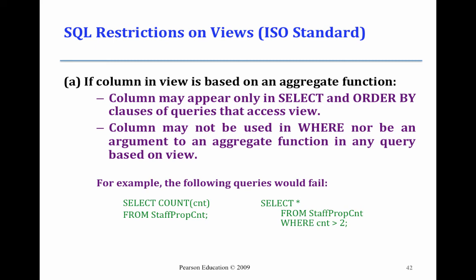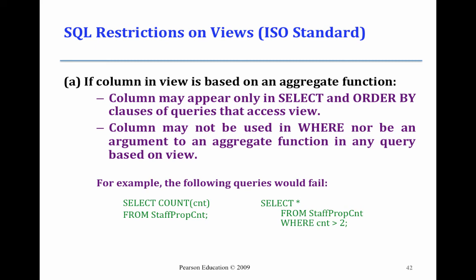In other words, it can't show up in the where predicate. And it may also not show up in an aggregate query. So if you took, say, an average and then you count all the averages you took, that would be illegal. So here are two queries that should fail under the ISO standard.